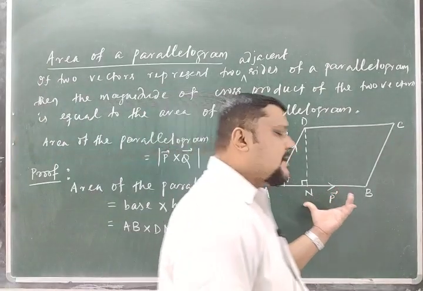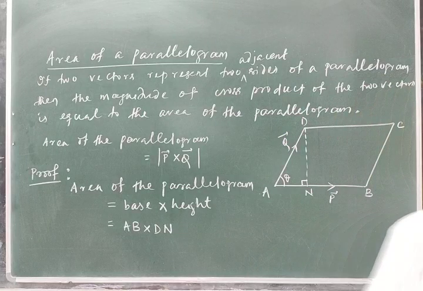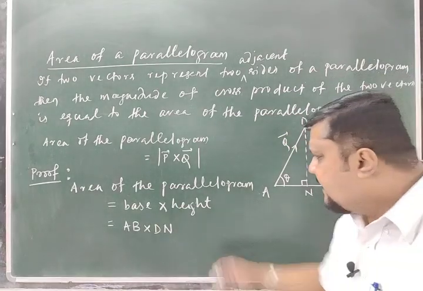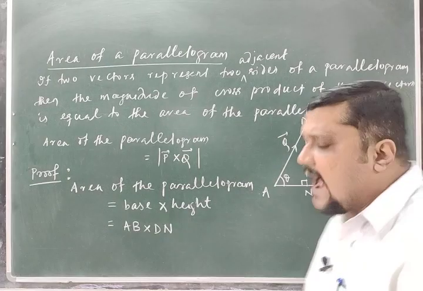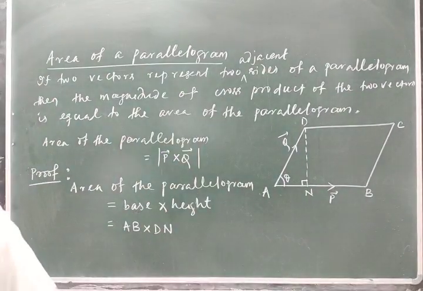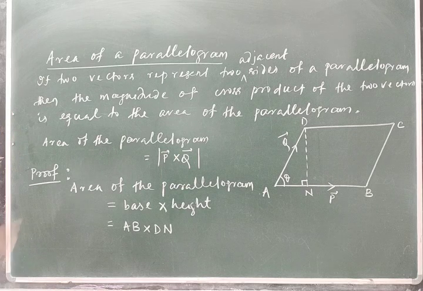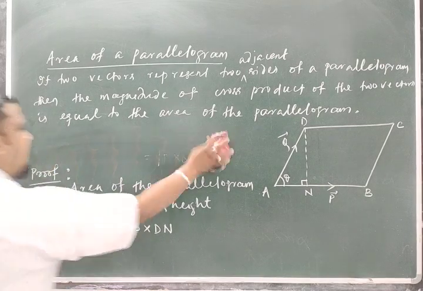This AB represents the magnitude of vector P, and the height DN we don't know, so we will calculate this height DN. Let me do the calculation part and prove this one.